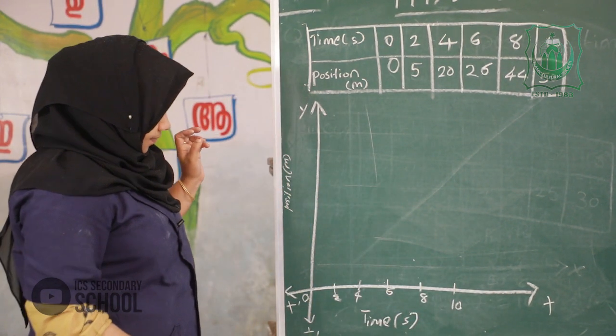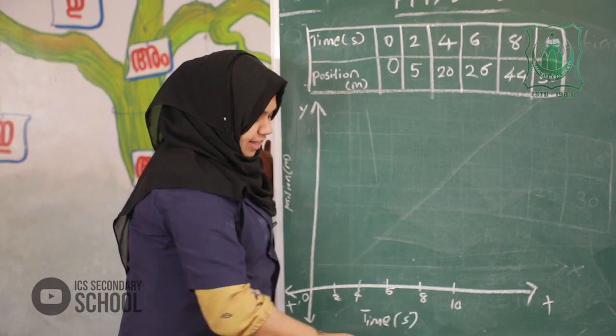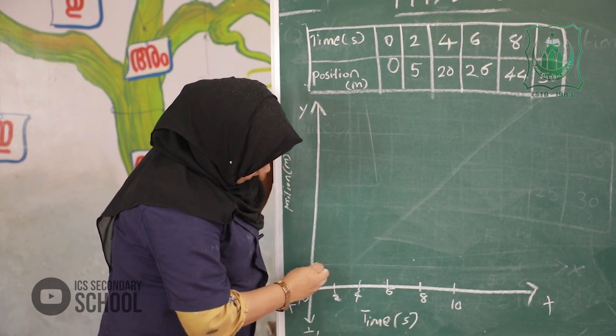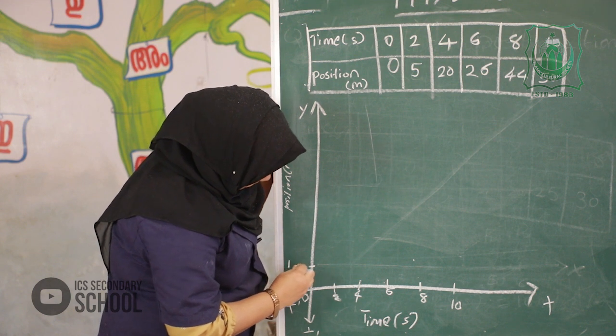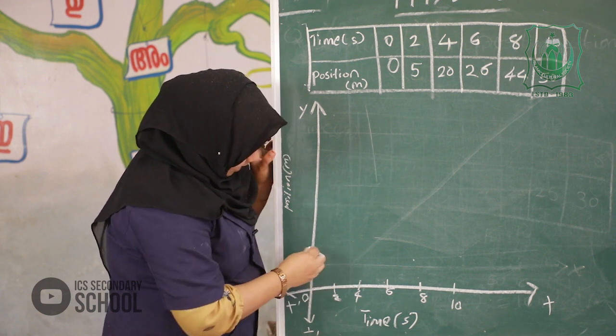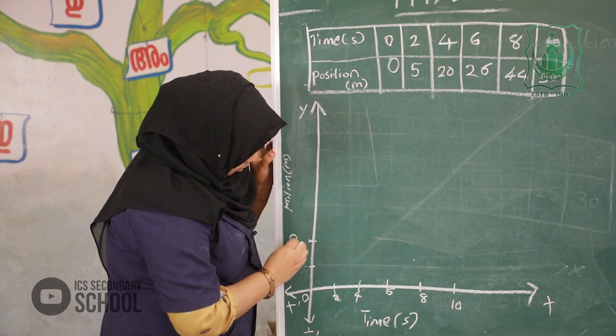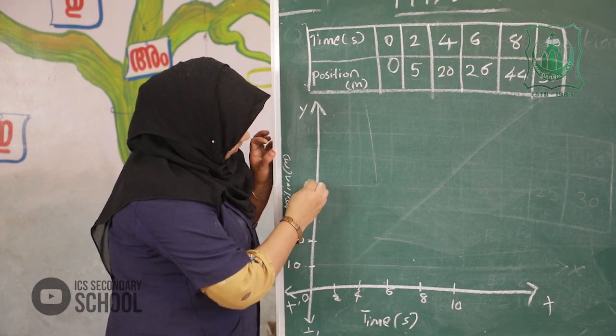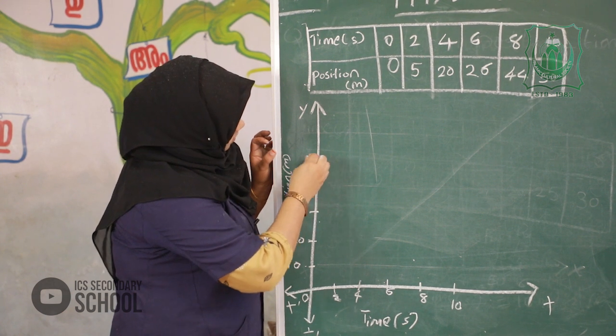Then how will you get the values here? The scale. On the y-axis I take 1 centimeter for 10 meters: 10, 20, 30, 40, 50 like that.